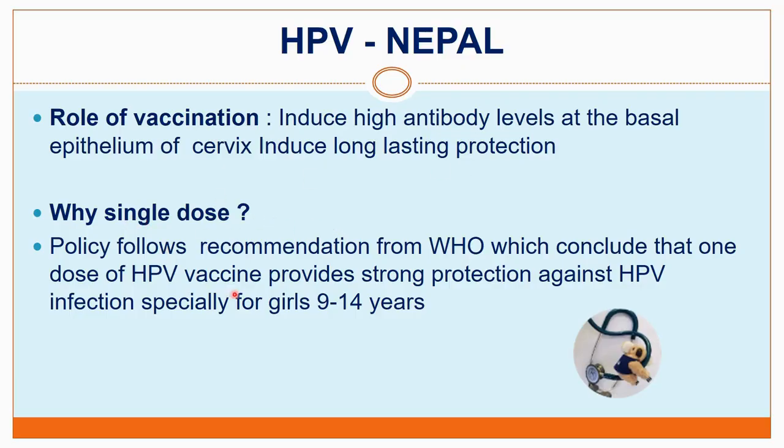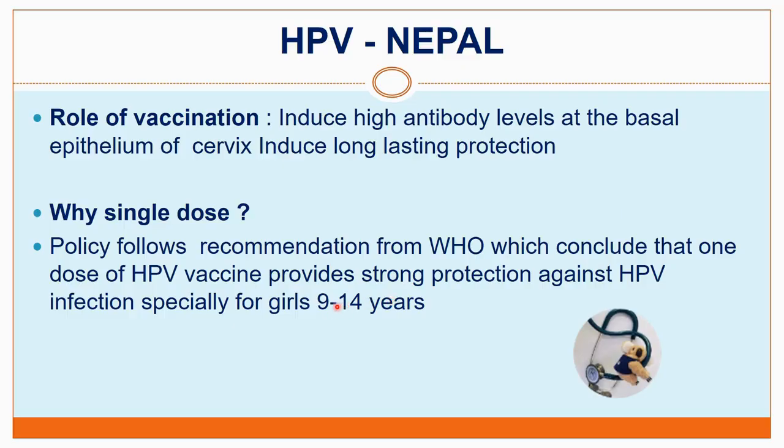Nepal is following the recommendation of WHO, because WHO has concluded that 1 dose of human papilloma virus vaccine provides very strong protection against HPV infection, especially at age 9 to 14 years for girls. In Nepal the target population is 10 years, so the age group falls within this range. So only 1 dose is sufficient.